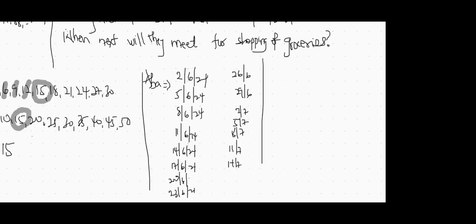Now let's look at Abby. Abby also goes every 5 days, right? After 2nd June, after 5 days, we have 7th June. The next 5 days, 12th June. The next 5 days, 17th.